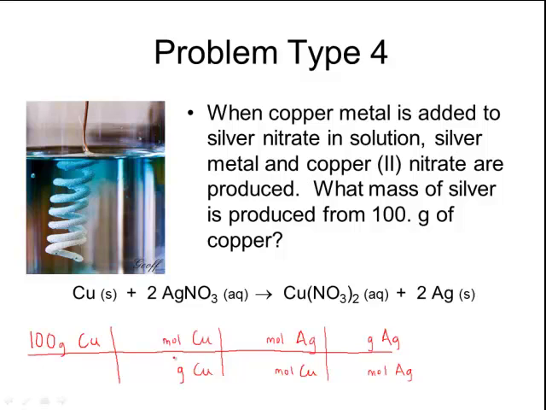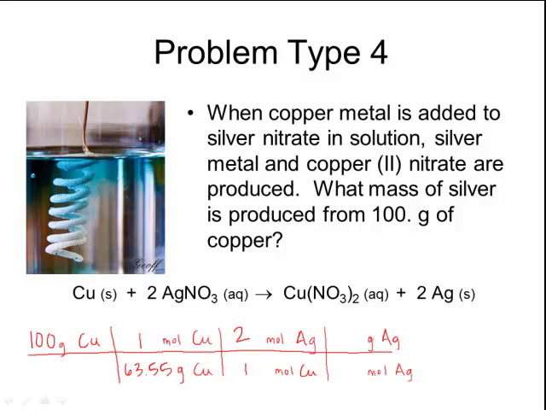Whenever I'm converting between grams and moles, I need the molar mass of the substance, which in this case is copper. So 63.55 grams of copper per mole. When I've got the two moles stacked on top of each other, I need the mole ratio, which comes from the coefficients. So there's a 2 before the silver and a 1 before the copper.